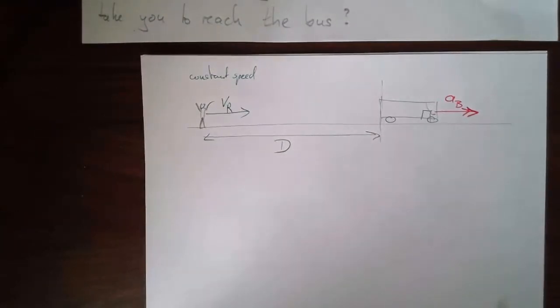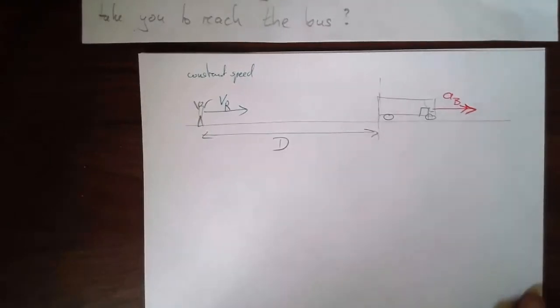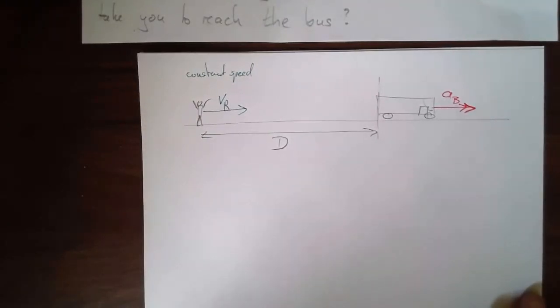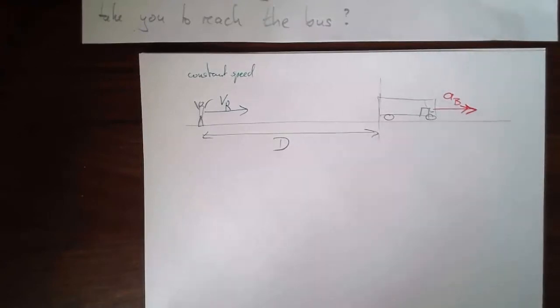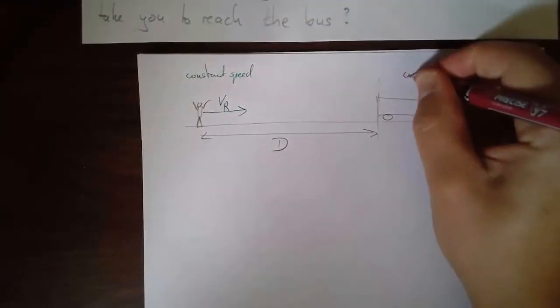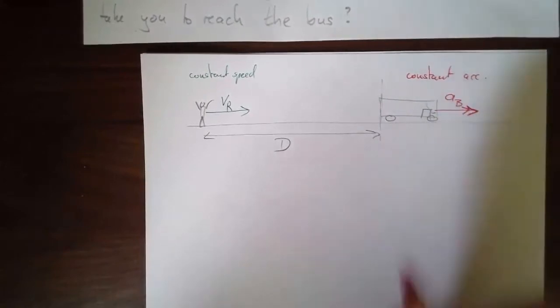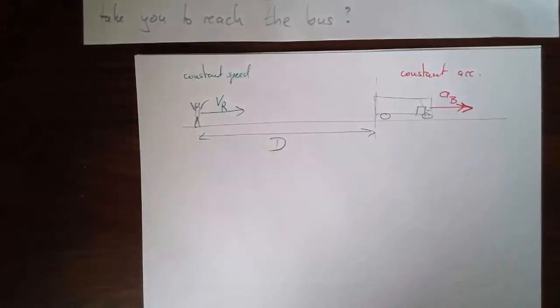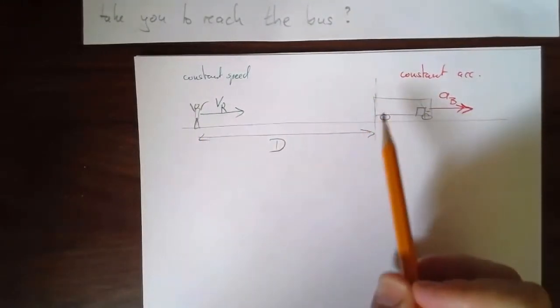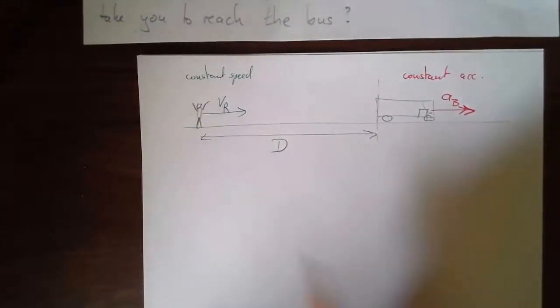So what does it mean to reach the back of the bus mathematically? Before I answer that, let me just write, to be consistent, constant acceleration here. We said constant speed, which I should have done before. Let me go back to my question. What does it mean for me to reach the back of the bus?